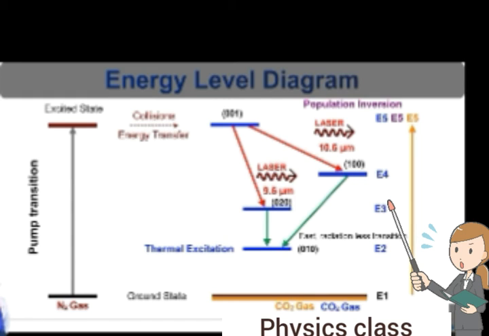As the gaseous mixture heats, the E2 level, which is close to the ground state, tends to be populated through thermal excitations. Thus, the de-excitation of CO2 molecules at the lower lasing level poses a problem and inhibits the laser action. The helium atoms de-excite CO2 molecules through inelastic collision and decrease the population density of CO2 at the E2 level.